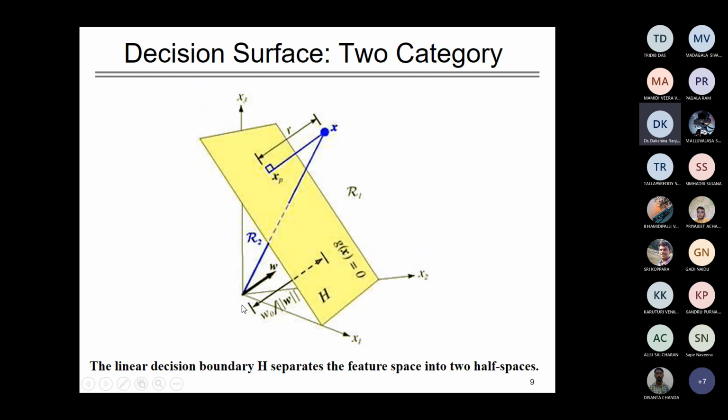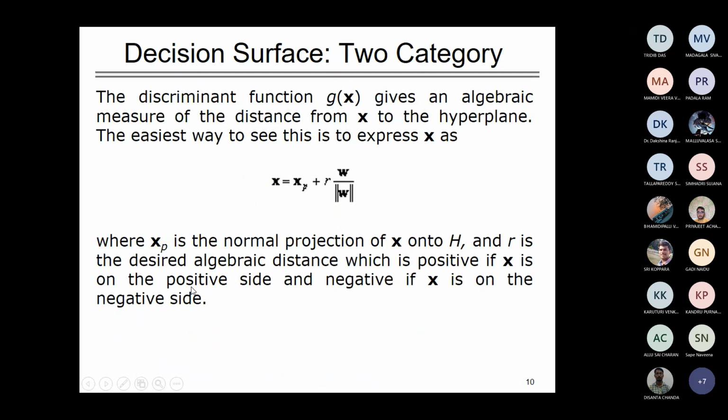Here we get a distance from the origin to the hyperplane, denoted by w0. The weight vector is denoted by w, and we get its normalized form by dividing w by norm of w.